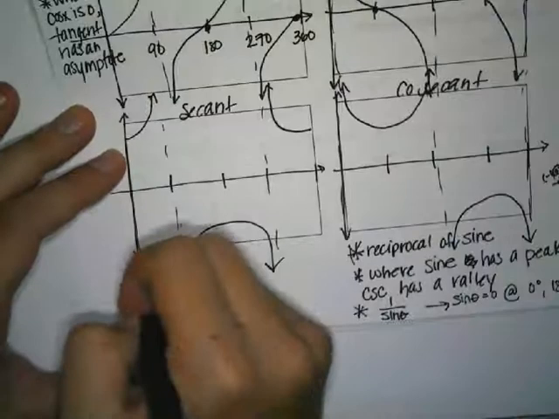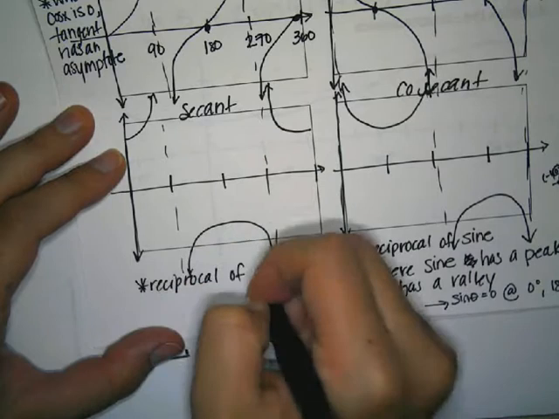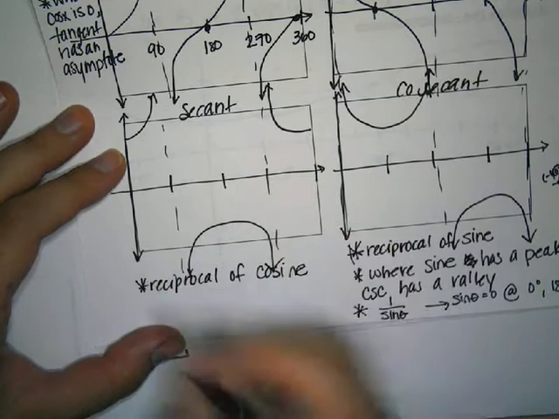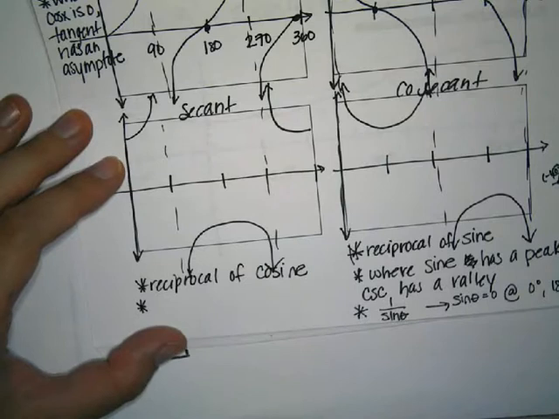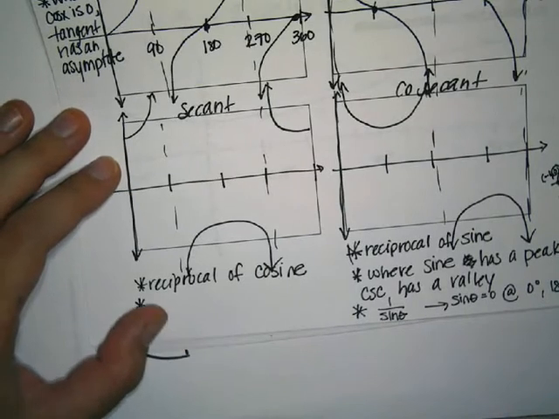Okay, the last one is secant. So secant is the reciprocal of cosine, where cosine has a peak or a hill, secant has a valley, so that still applies there.